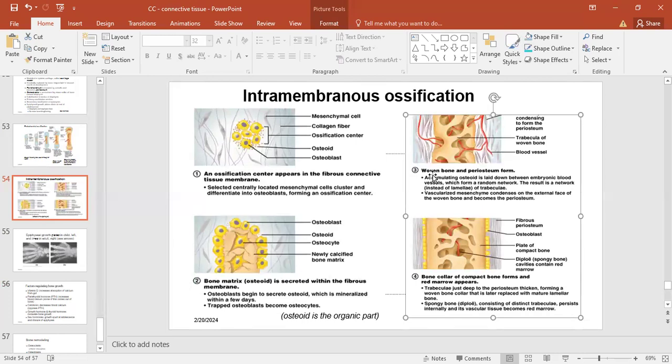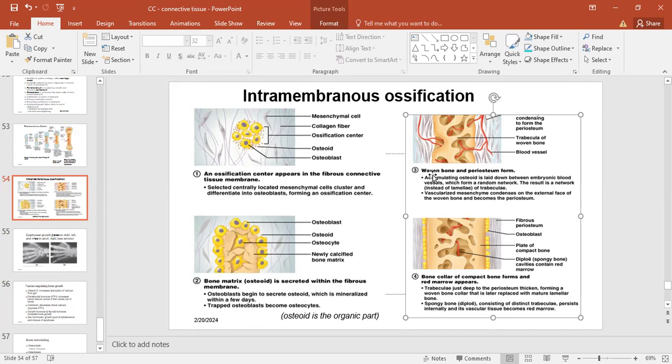So we're going to find membranes like this one under the skin, and there's going to be deposition of mesenchymal cells, which will start producing the extracellular matrix of bone, known as osteoid.